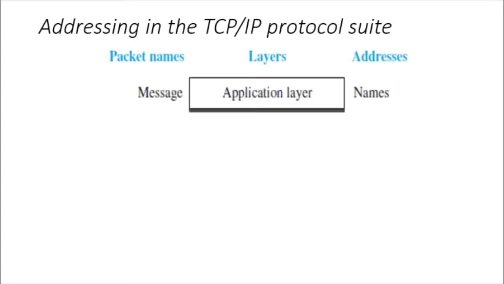Applications are given user-friendly addresses that are designed for specific applications. Example, the email address and the Universal Resource Locator, which is URL. The name of the data packet created at layer 5, which is the application layer of the TCP/IP model, is called message.